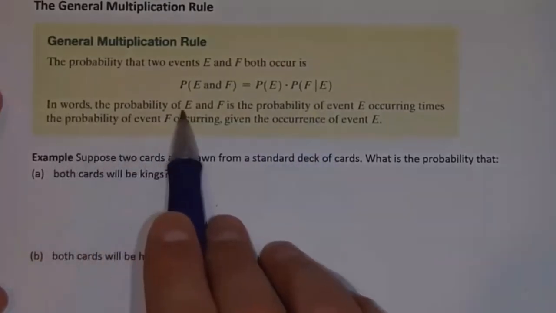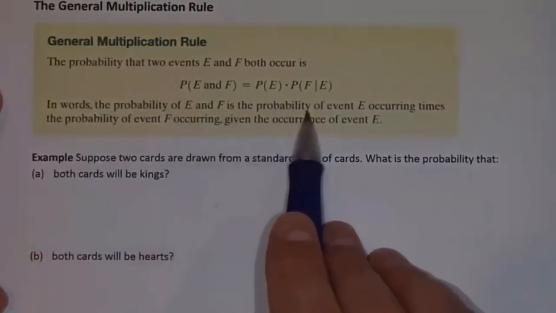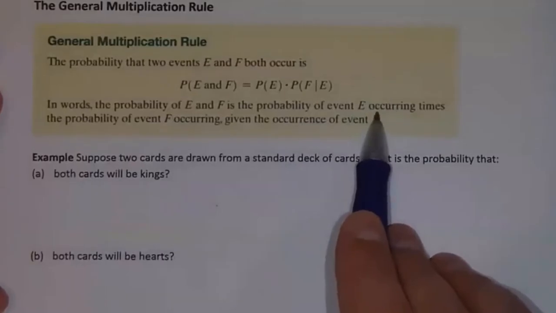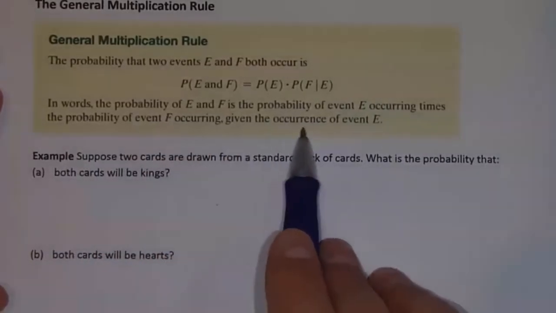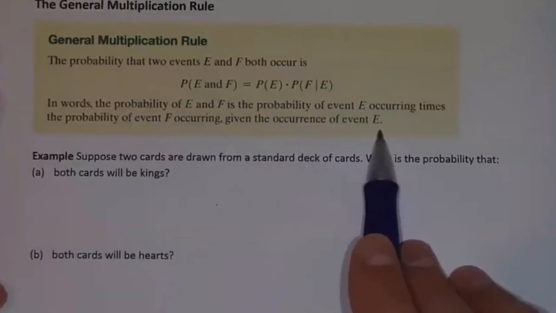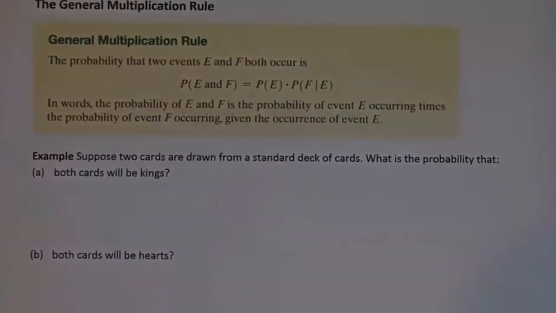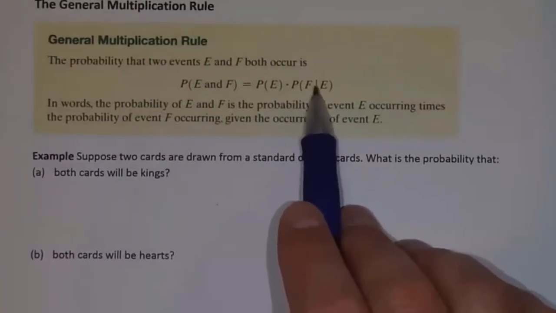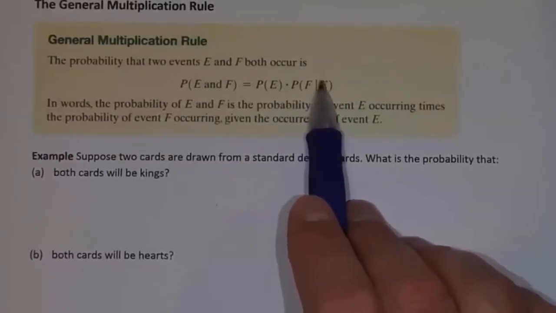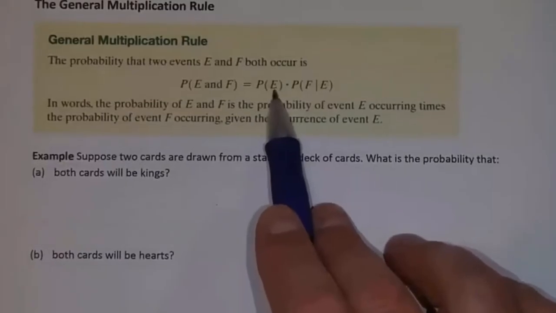In words, the probability of E and F is the probability of event E occurring times the probability of event F occurring given the occurrence of event E. So I'm still going to use the multiplication rule just like I did with independent events. The difference is that I'm going to have to adjust the second probability assuming that the first event happened.